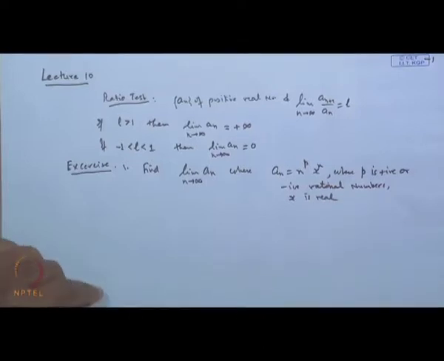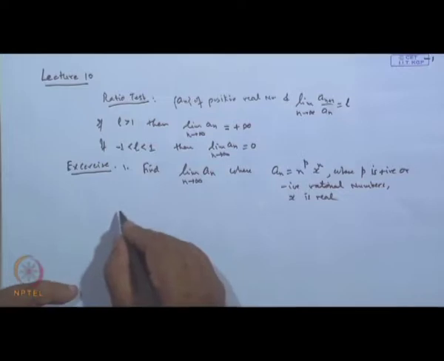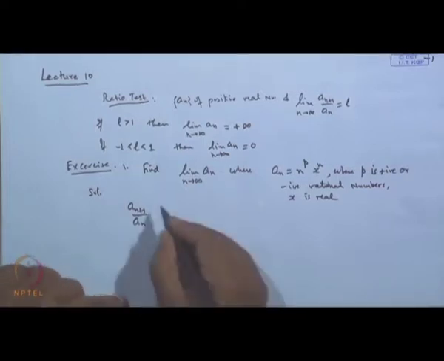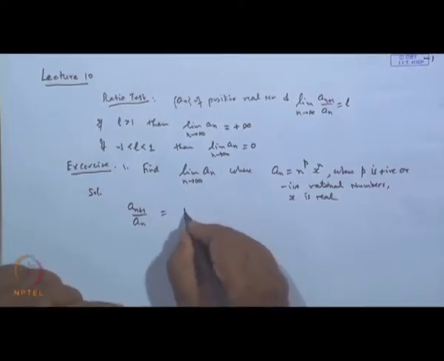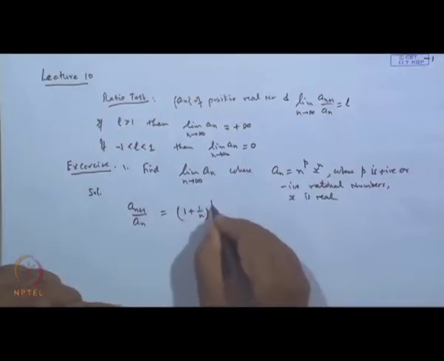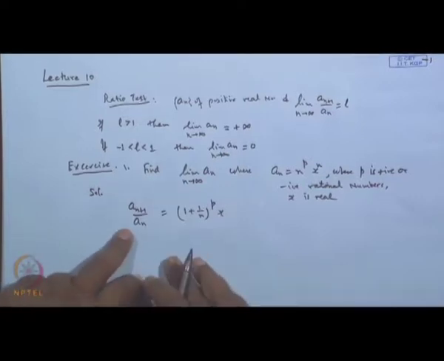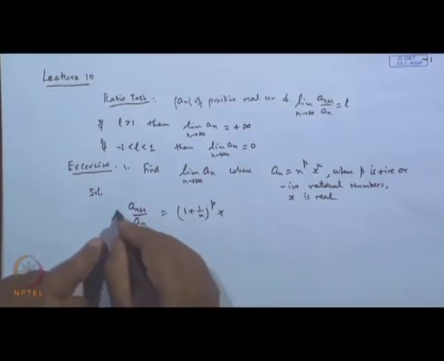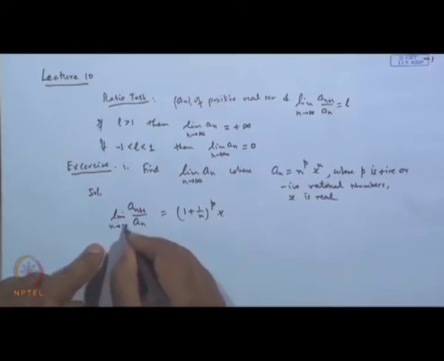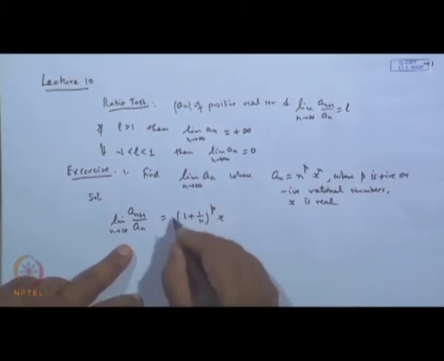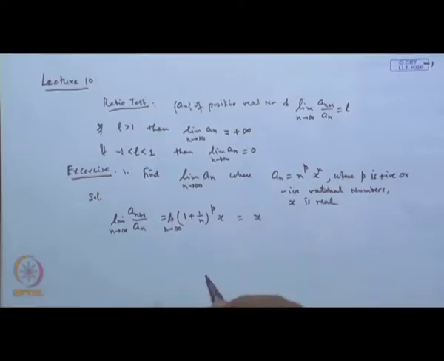Okay. Now, let us apply the formula. What is a n plus 1 over a n? It comes out to be 1 plus 1 by n, raised to the power p, times x. Now, when n tends to infinity, p is fixed, so this term goes to 1, and the limit of this when n tends to infinity is nothing but x.